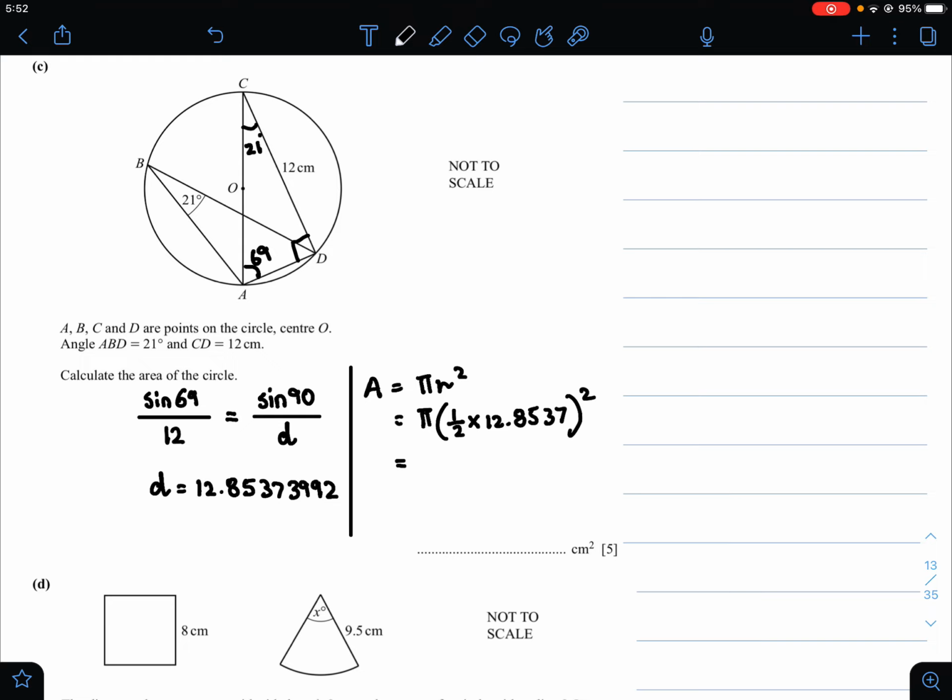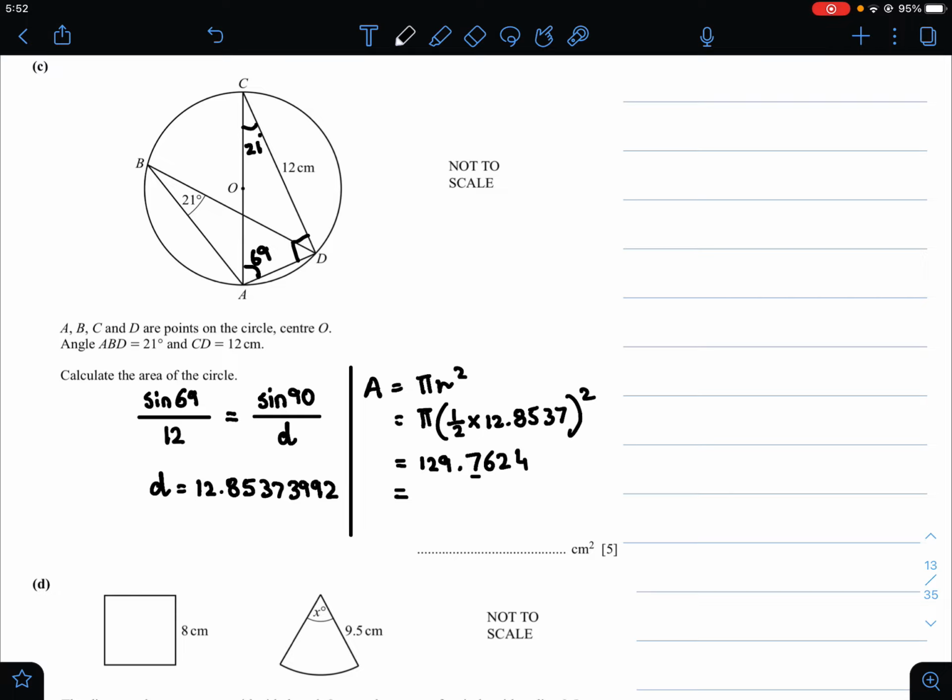So 12.8537 divided by 2, then you square the answer and you multiply it by pi. So you will get the answer as 129.7624.